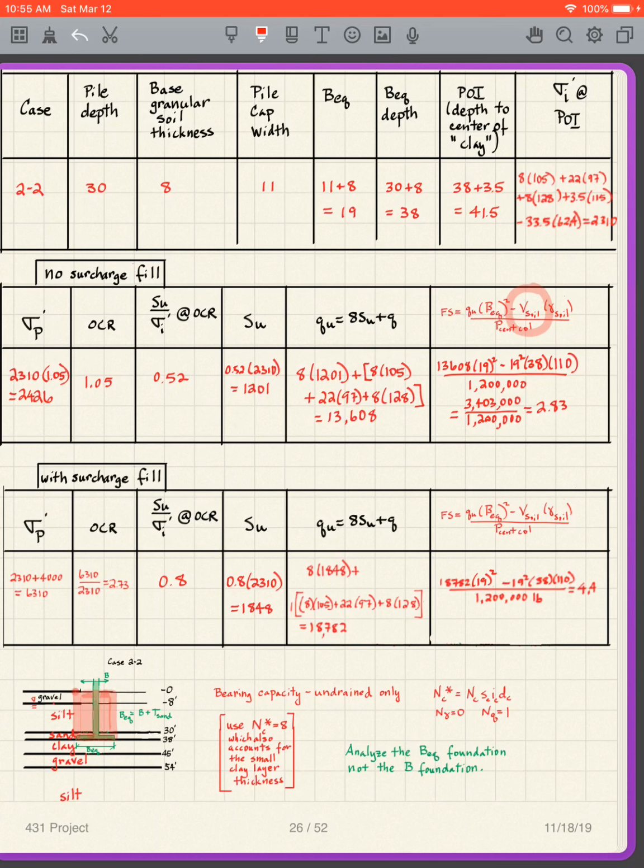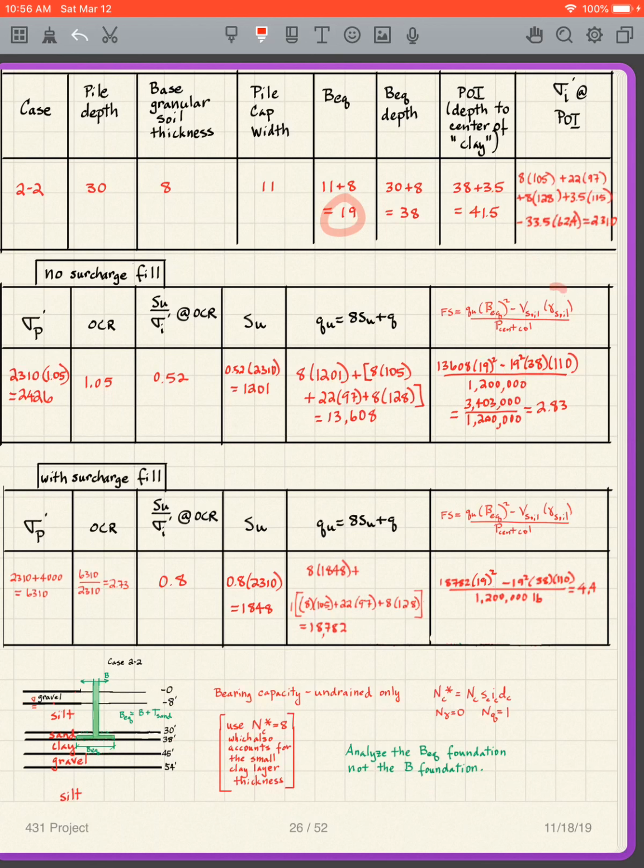It's three-dimensional. It goes 19 perpendicular to the page here. What is the volume of that soil? Well, the B equivalent is 19, and it goes 19 perpendicular to paper, so that's 19 squared, and then this vertical distance is 38. So the volume is going to be 19 squared times 38.